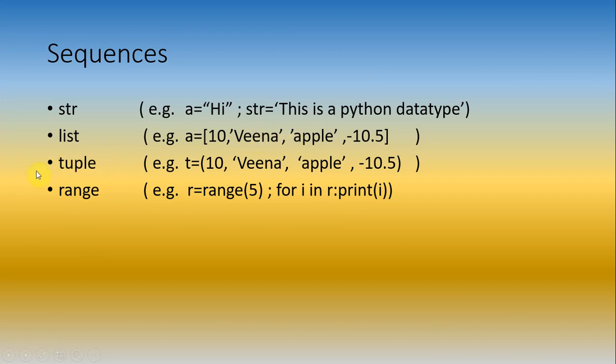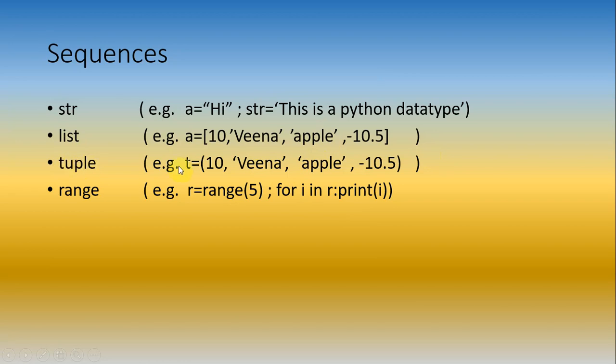But when we talk of a tuple, tuple is immutable. That is, its tuple elements cannot be changed. You can only read a tuple. And this is the basic difference between a list and a tuple.